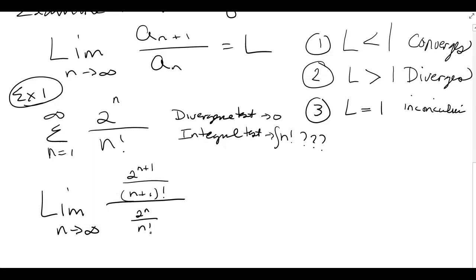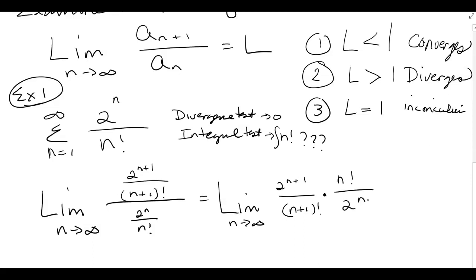As we learned in the limit comparison test, though, we don't usually start writing it out this way. When we have these ratios, isn't it much easier to simply write them as 2 to the n plus 1 over n plus 1 factorial times n factorial over 2 to the n.